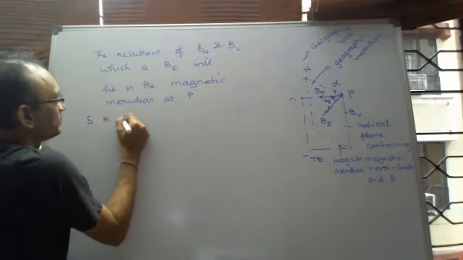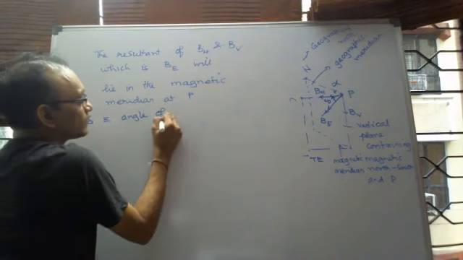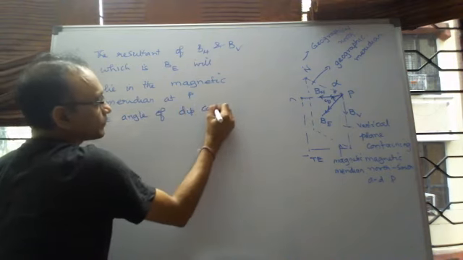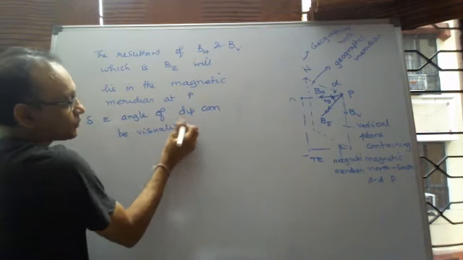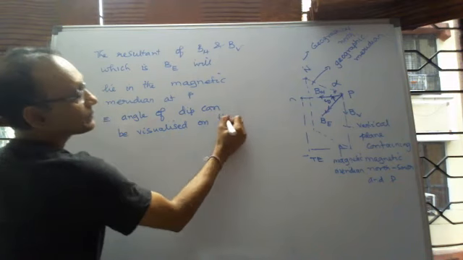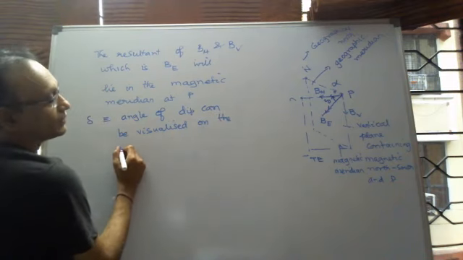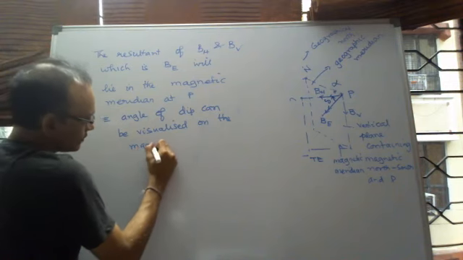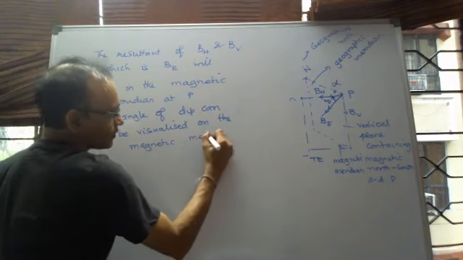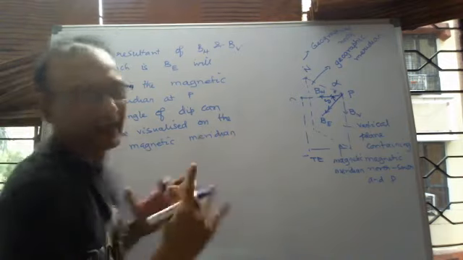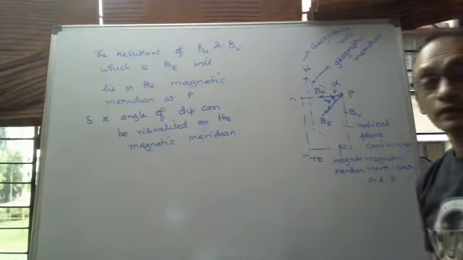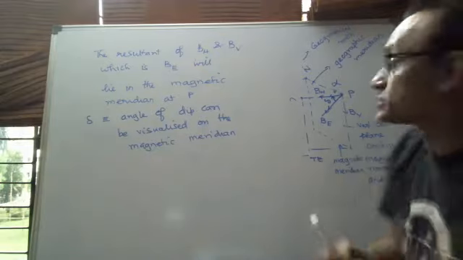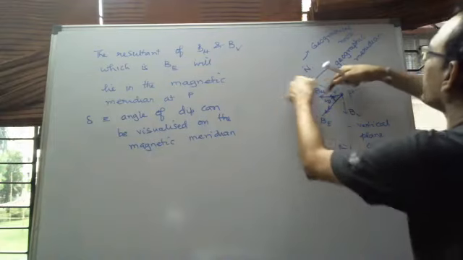BE sin delta, where delta is the angle of dip, which can be visualized only on the magnetic meridian. What is the magnetic meridian? It is a plane, a vertical plane passing through P and the magnetic north. What will alpha be? The angle of declination, the angle between the geographic north and magnetic north.